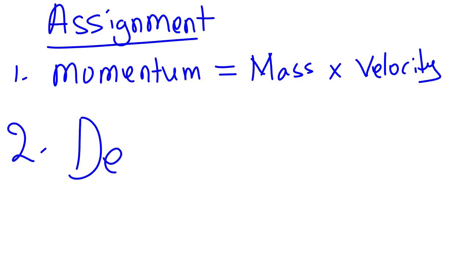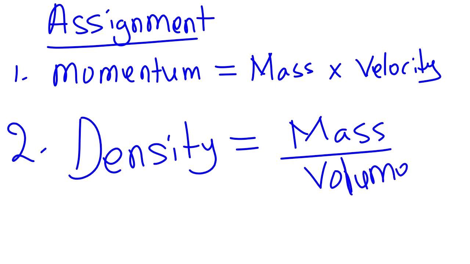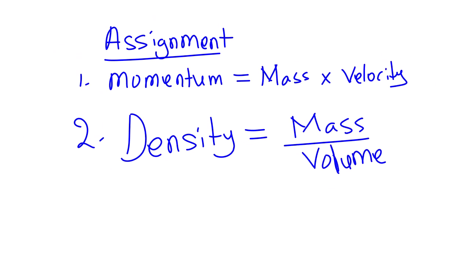Then number 2, you have density. Go and find the dimension of density. The formula for density is just mass over volume. As you saw previously, for you to find the dimension of a quantity, what you need is just the formula.